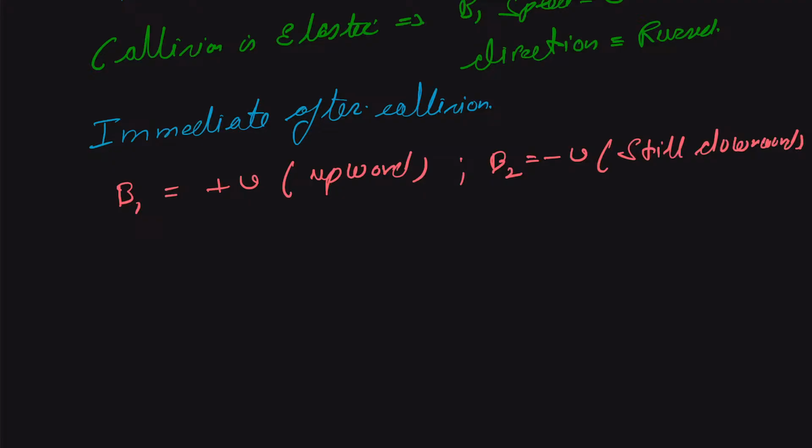Now we are going to find out the relative speed before the collision between the basketball and the tennis ball, or we can say before the B1 B2 collision.